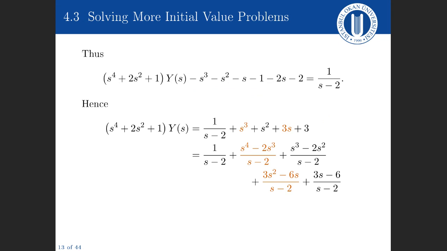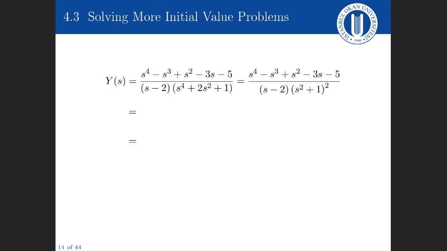And then I want to divide both sides by s to the power 4 plus 2s squared plus 1. And of course, s to the power 4 plus 2s squared plus 1 is the same as s squared plus 1 all squared.